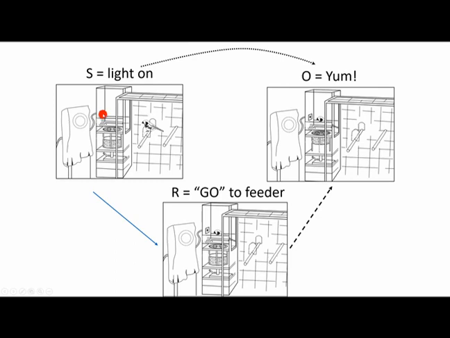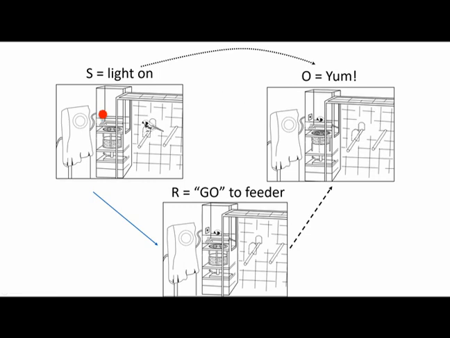And here we have a red light, and in this instance, our red light is our S. That's our stimulus context, where the light is on. What the outcome is if the bird makes a particular response by hopping into the feeder or going to the feeder while that light is on, the outcome is that the food cup will rise and the bird gets access to food.